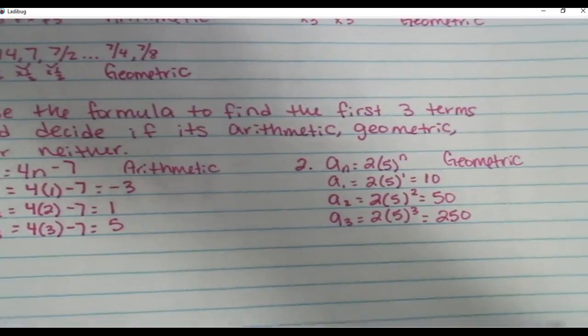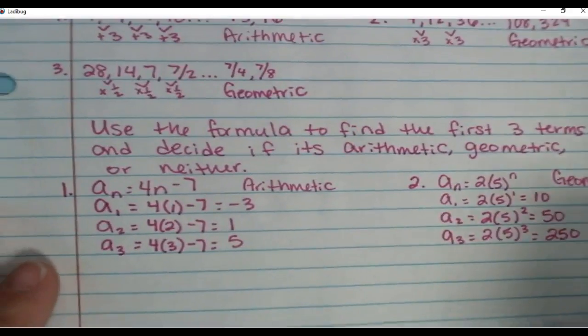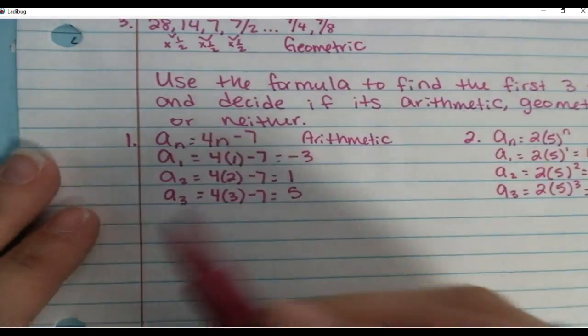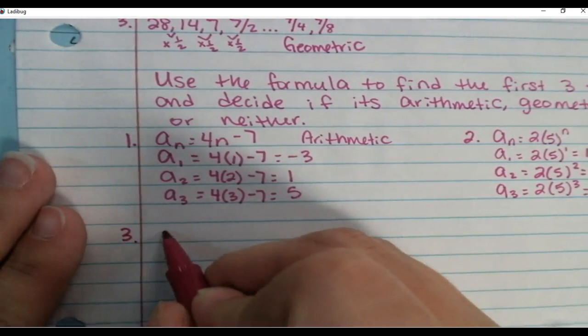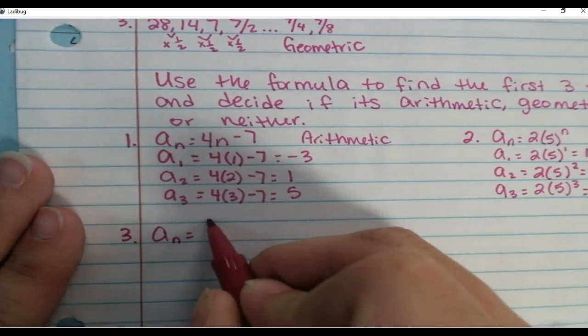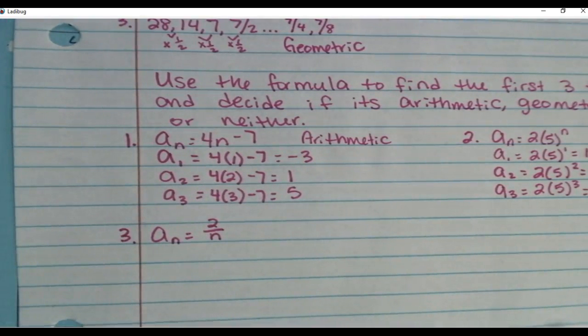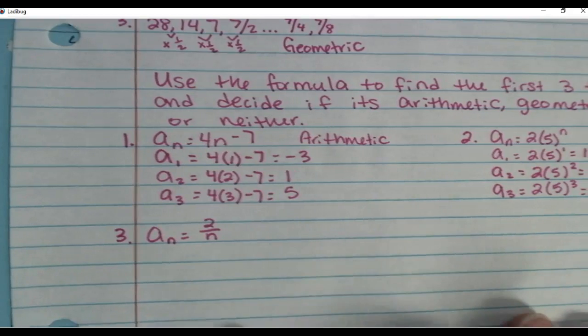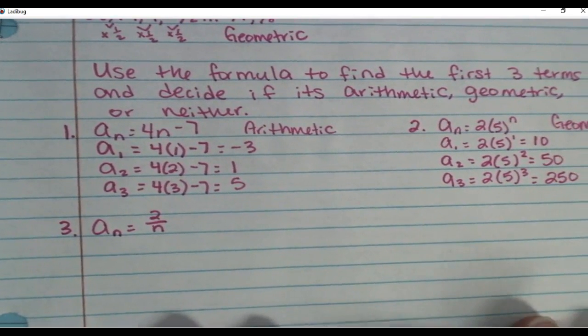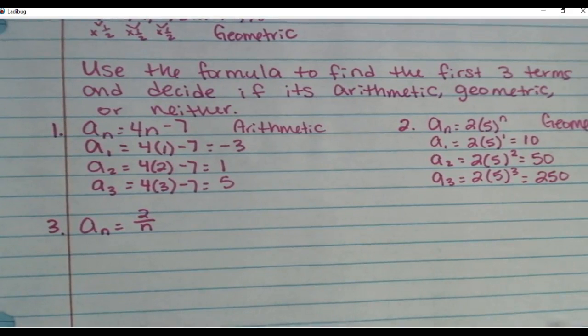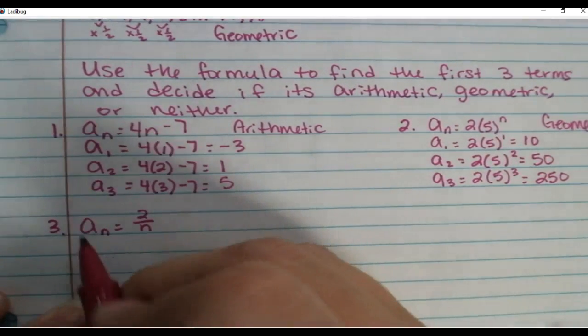All right, so we got one more. So let's say we have a sub n equals 2 over n. So again, we want our first 3 terms.